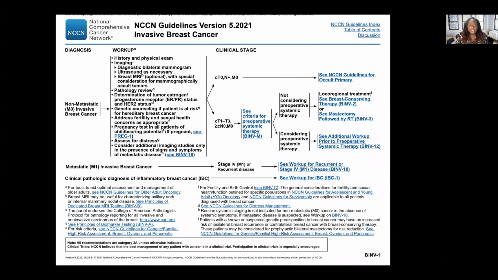I have here the NCCN guidelines for invasive breast cancer that really just kind of talks about the workup. We've hit a lot of these topics today, but I did want to use it just to wrap it up. So, putting it all together, breast disease and breast cancer is a well studied field based heavily in evidence based medicine. These lectures provided are just an introduction into the field, and I recommend keeping up to date on the topic.